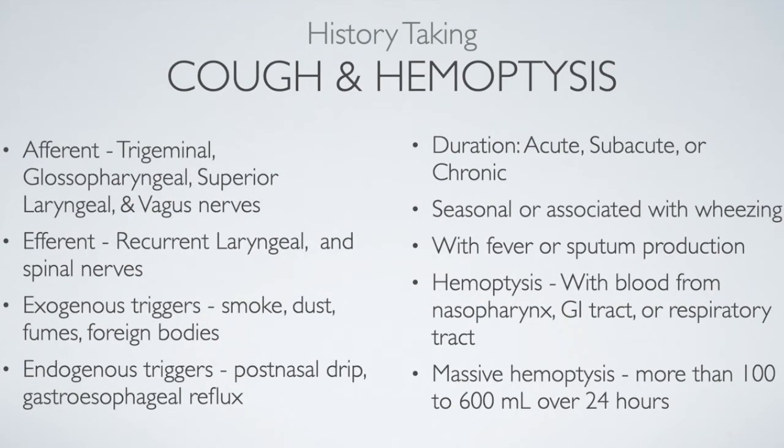And where could the blood be coming from? It could be coming from the airway, as I've described with vigorous coughing. The cough is abrading the airway, the mucosa of the airway. It could also be due to the nasopharynx. During sneezing, the shearing forces are channeled through the nose.